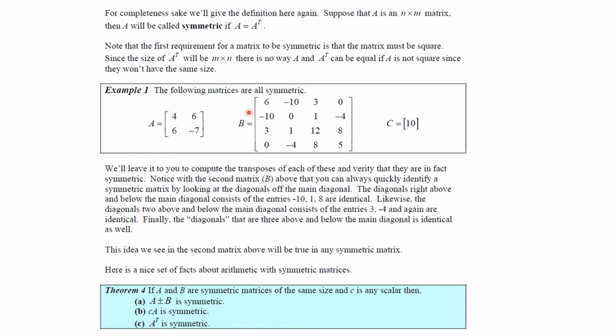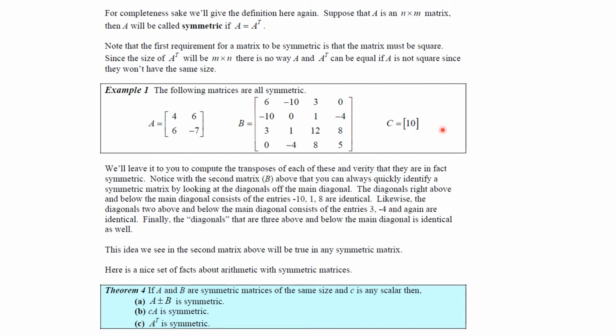Let's look at some examples of matrices that are equal to their transpose. Here we have it, and you can see that you've got 6 and 6 here. On the diagonals you have minus 10, minus 10. Here you have 3, 3. Here you have 1, 0, 1, 0, and here you have minus 4, minus 4, and here you have 8 and 8, and here's 10.